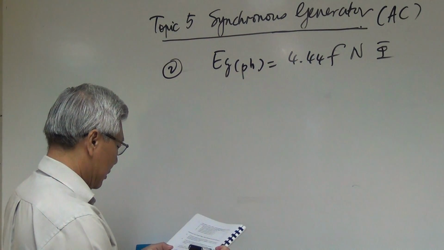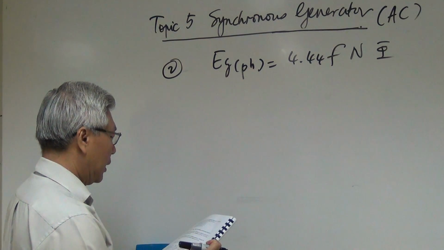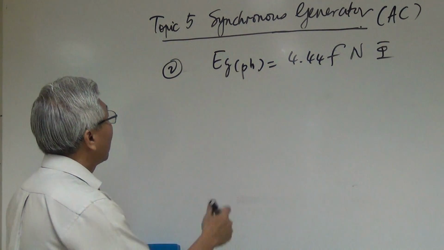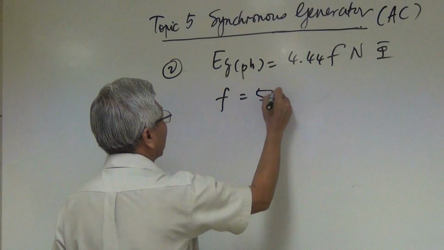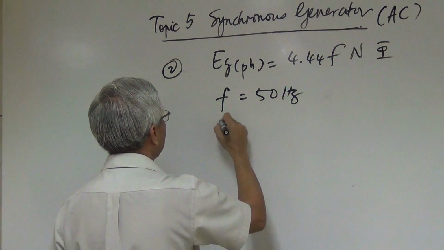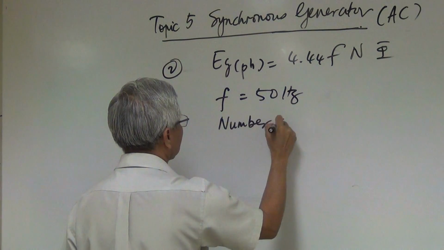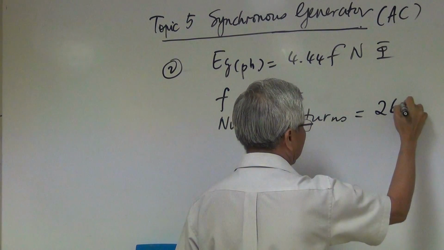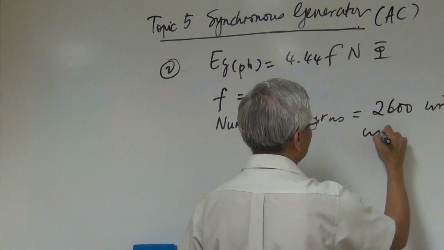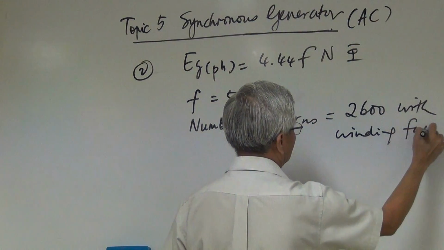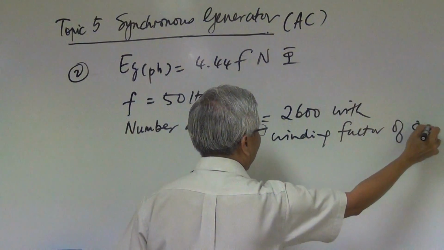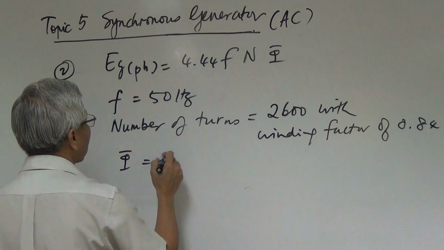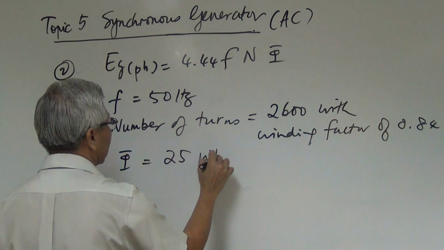Let me find a question. The frequency is equal to 50 Hertz, and the number of turns is equal to 2,600 with winding factor of 0.84, and the flux is equal to say 25 Weber.